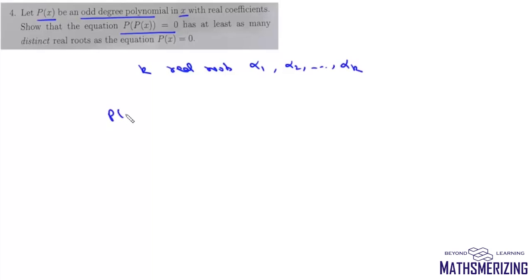So we can write this P(x) as (x minus alpha 1), (x minus alpha 2), (x minus alpha k), and then some function, say f(x).